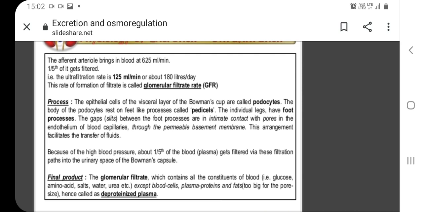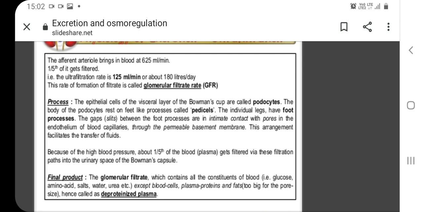Because of the high blood pressure, about 1/5 of the blood gets filtered, but actually we can say plasma more conveniently, because as I have already told you, the pores are small, so through these pores the red blood cells cannot pass. Only the plasma gets passed from the capillaries into the Bowman's capsule, and from Bowman's capsule to the proximal convoluted tubule.